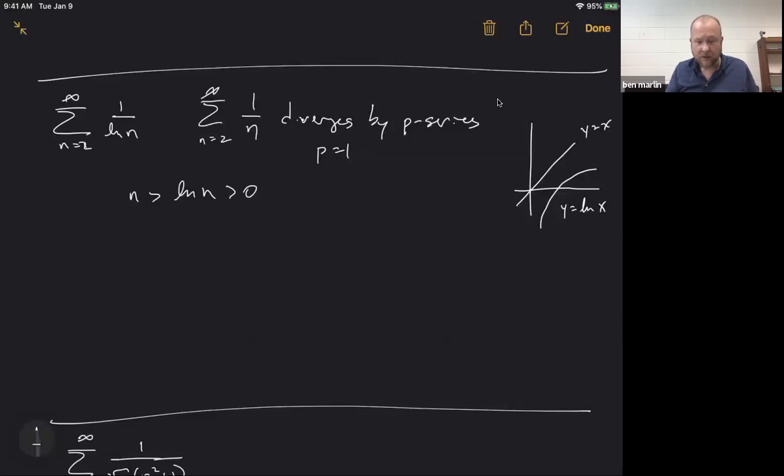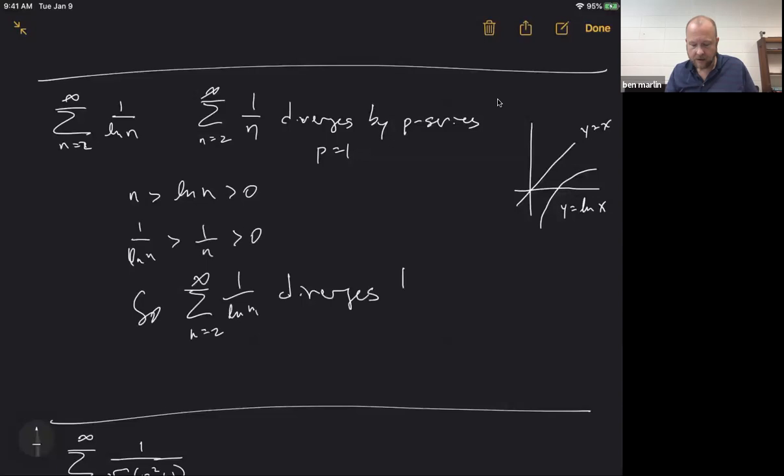When you take reciprocals, the bigger number, its reciprocal is smaller. So that means 1 over log n will be greater than 1 over n. So that lets us conclude that our summation of 1 over log n diverges by the direct comparison test.